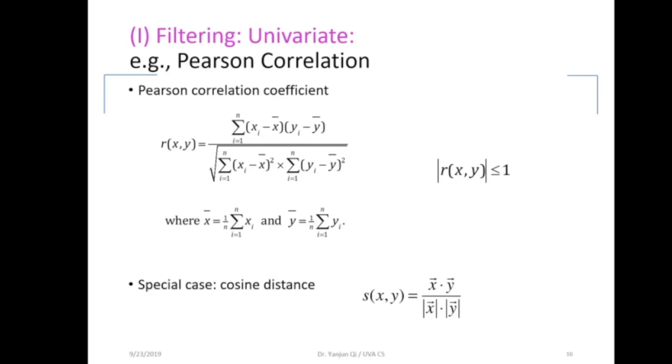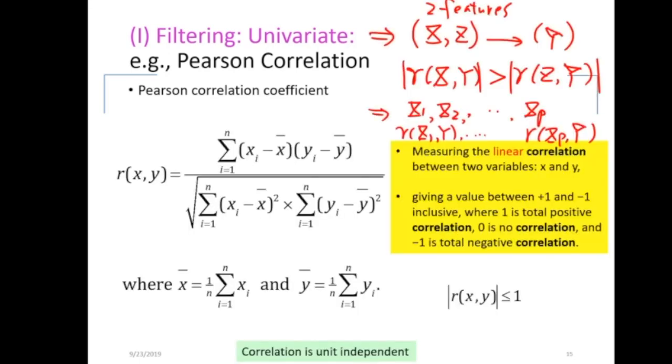That's exactly what I tried to show. When you have two features, x and z, that you project to y, what you calculate is x and y, z and y, and then you rank them according to the absolute values of Pearson correlation.